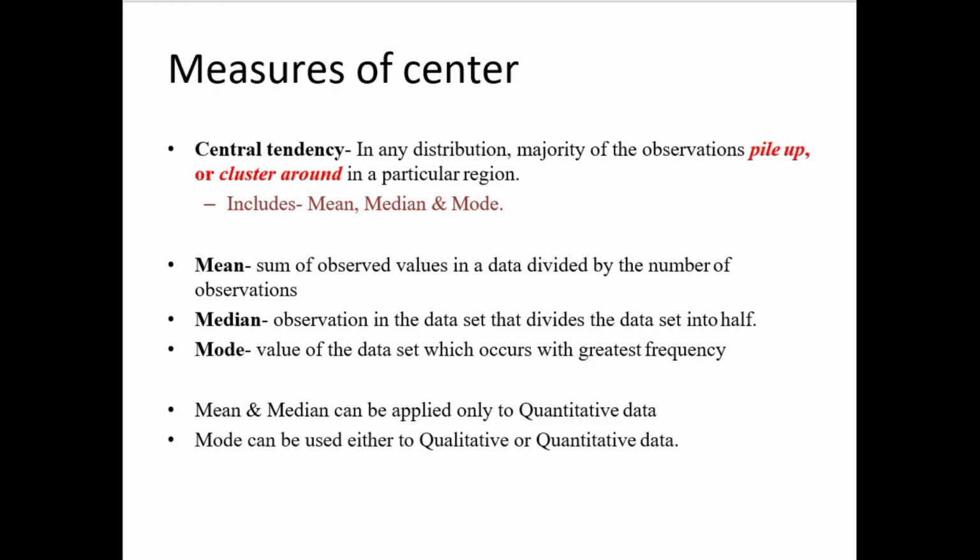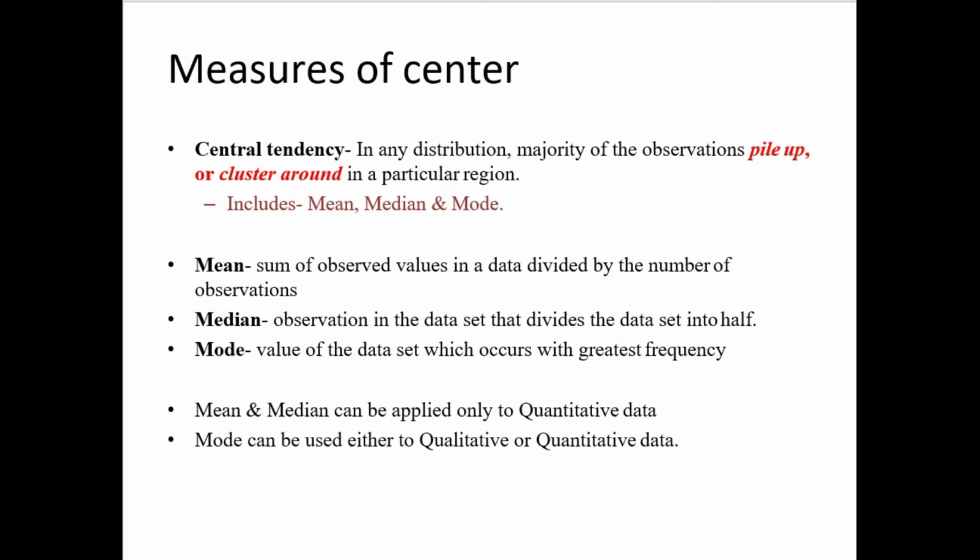Measures of center. Central tendency: mean is the sum of observed values in the data divided by the number of observations. Median is the observation in the data set that divides the data into half. If your data does not belong to a normal, parametric distribution, then we have to look at the median value.